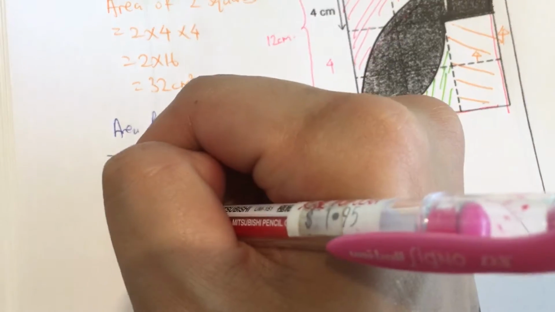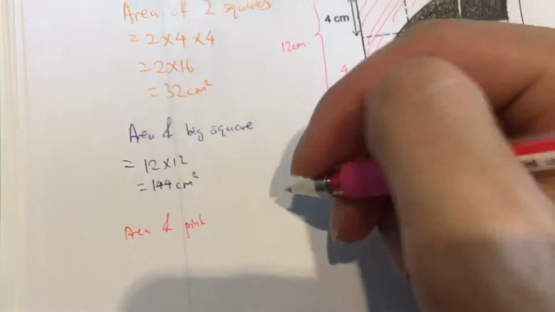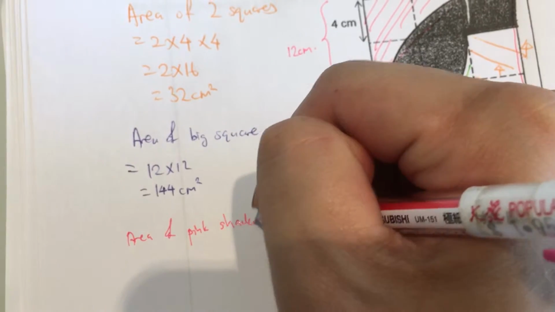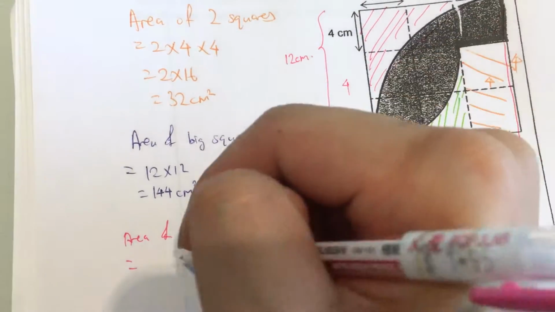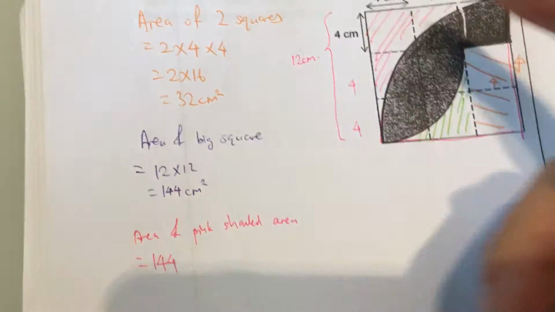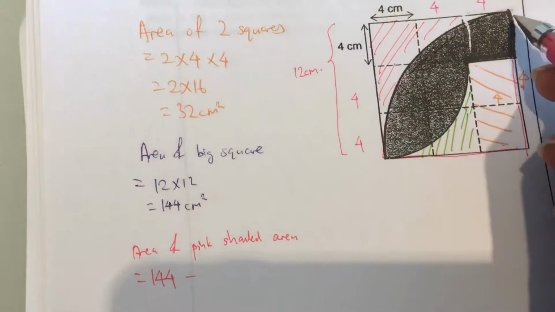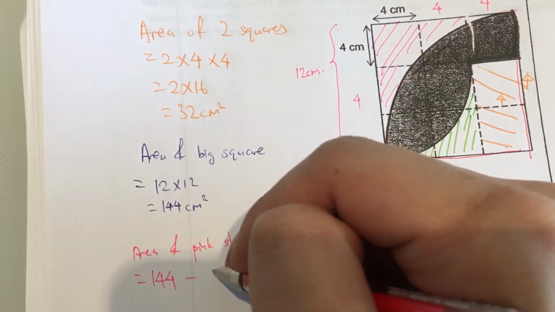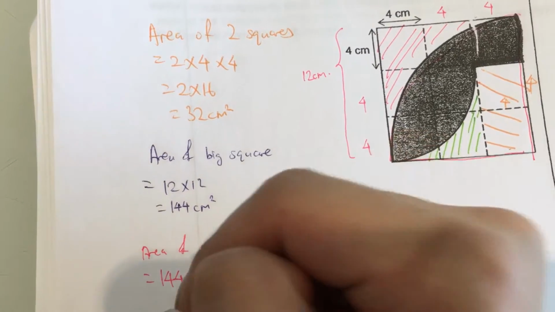The area of the pink shaded area is 144, the total big square, minus this quadrant, which is a quarter times pi r square.